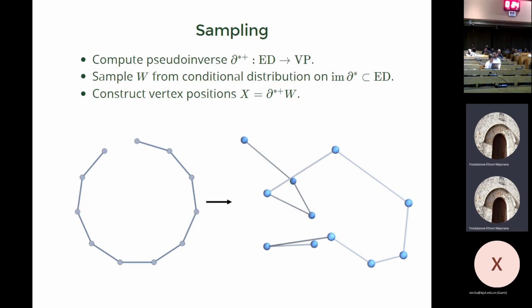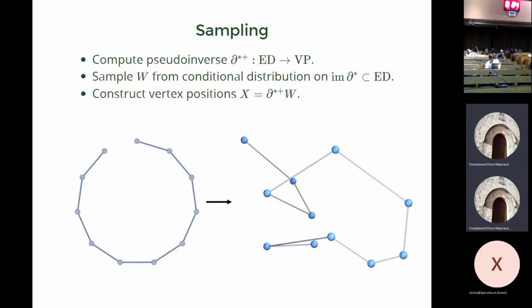All right, so now once you have this in place, it's very easy to write down an algorithm to generate billions of these things. You have a particular graph, and that's going to induce a particular boundary map, and so you need to compute the pseudo-inverse of this displacement map, this boundary star. That's an upfront one-time cost for a fixed graph. Now you need to sample your edge displacements from a standard Gaussian.